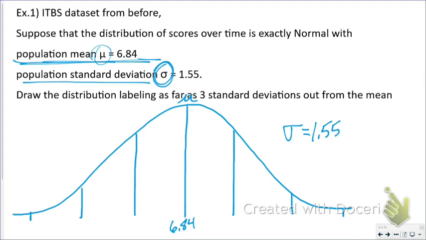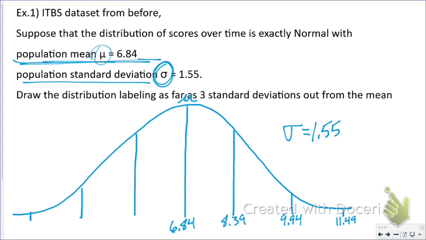So what I need to do on my calculator is add 1.55 to 6.84. So I'm typing 6.84 plus 1.55 and I get 8.39. I add it again and I get 9.94. I add it again and I get 11.49.